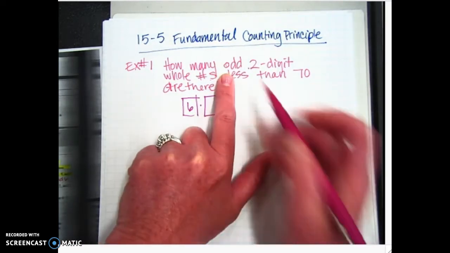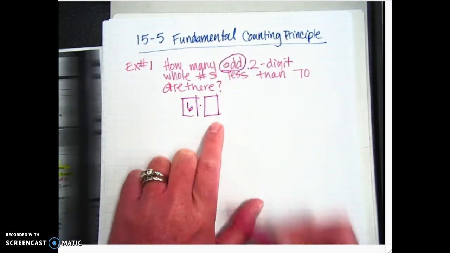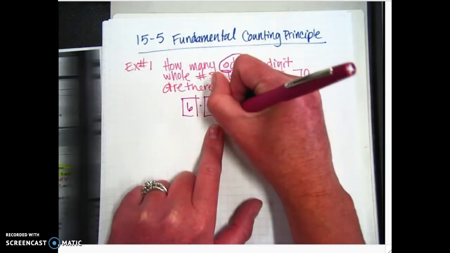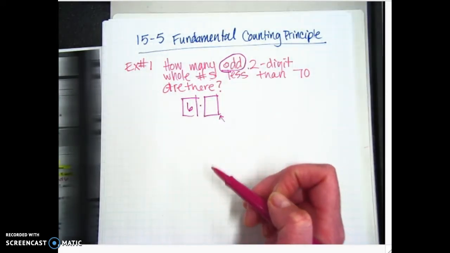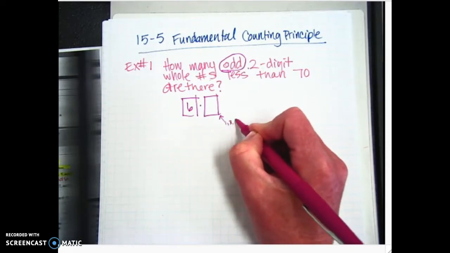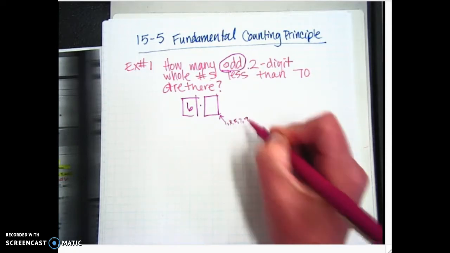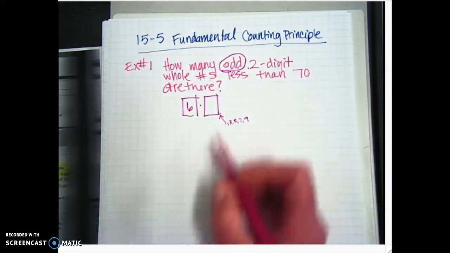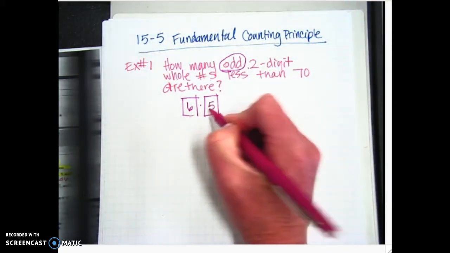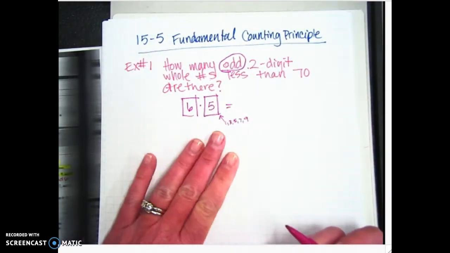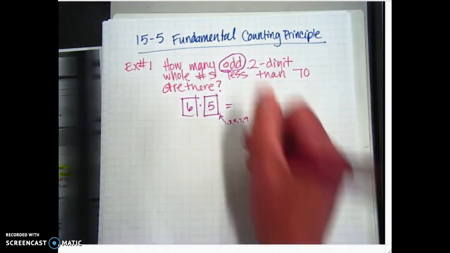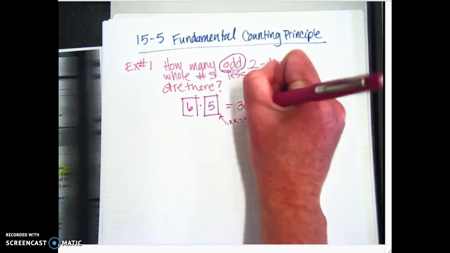But the other thing they tell us is that it needs to be odd, so for the other box we have fewer choices. What could go in this box? 1, 3, 5, 7, 9. That's 5 choices. Take your calculator and multiply 6 times 5. This one's small enough to do in your head, but it's 30.